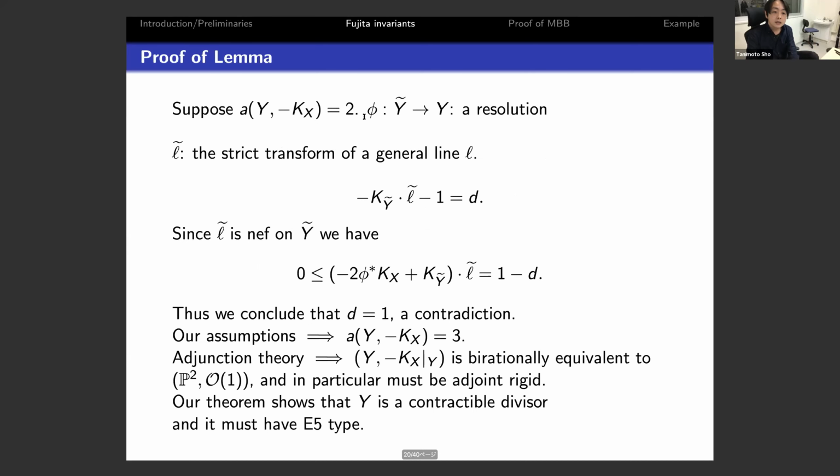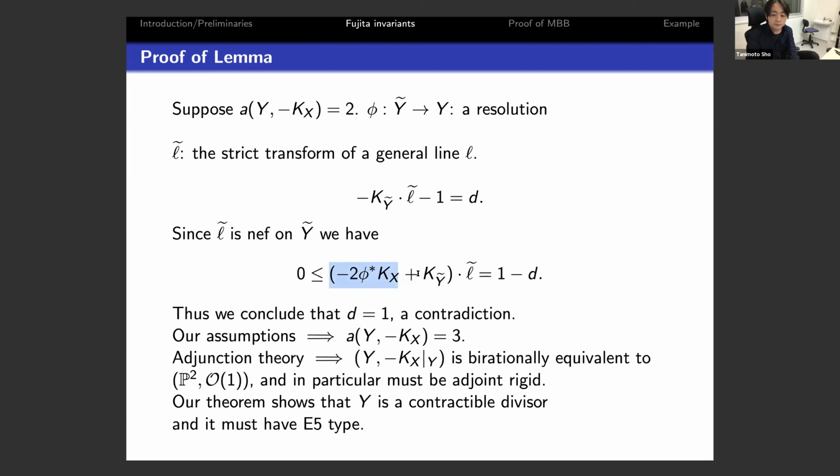Suppose it is 2 and take the resolution, and let L tilde be the strict transform of a general line. Then this general line is a covering family on Y tilde, so L tilde is nef on Y tilde. The dimension d is equal to the expected dimension, given by this number, which is the expected dimension of a family of lines on Y tilde. Since L tilde is a moving curve, it is nef, and since the A invariant is 2, the canonical class is pseudo-effective.